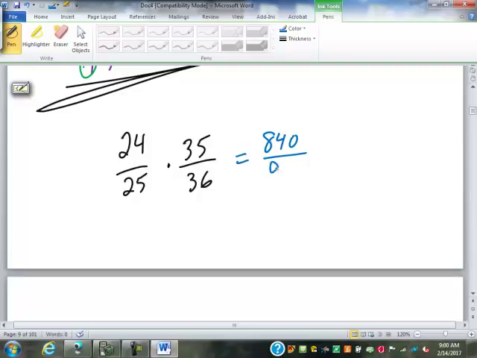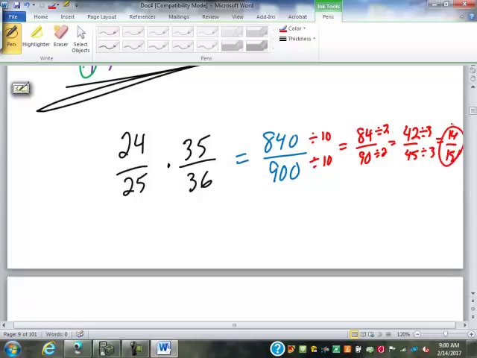And 25 times 36 is 900. I'm sure you can see both of those can be divided by 60, right? No. You see both of them can be divided by 10. 84 over 90. You can see both of them can be divided by 2. 42 over 45. You maybe see both of them can be divided by 3.